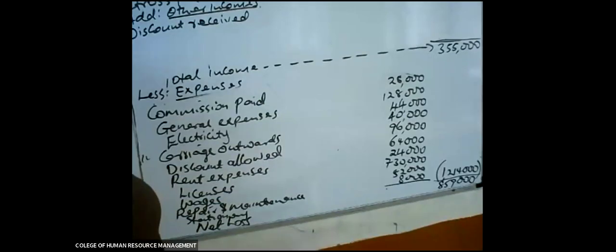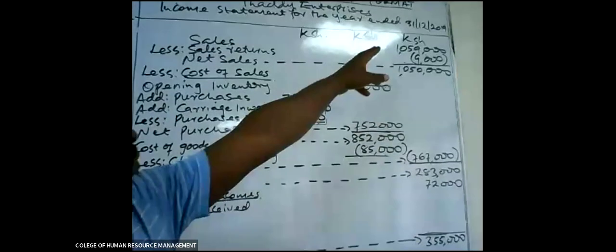Okay. Mwalimu, I still have a question about prepaid. If I paid before the 31st of December an expense, I had 2,000, and now there's another expense, so you add?